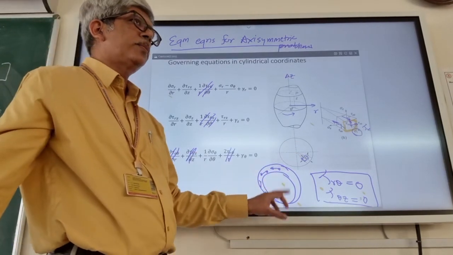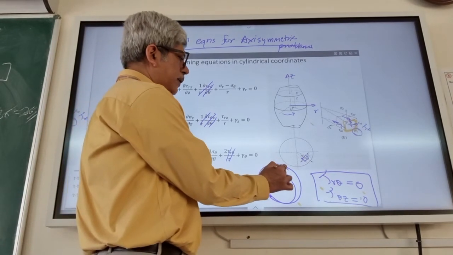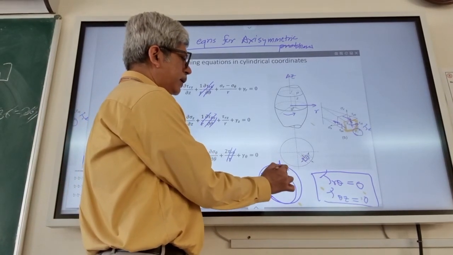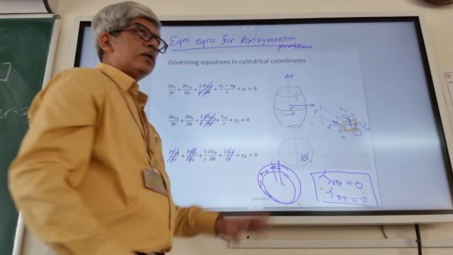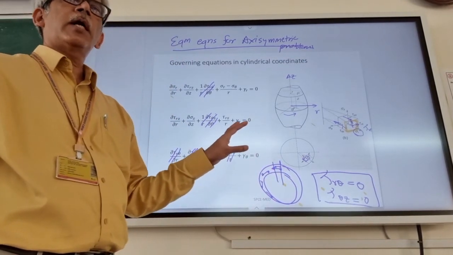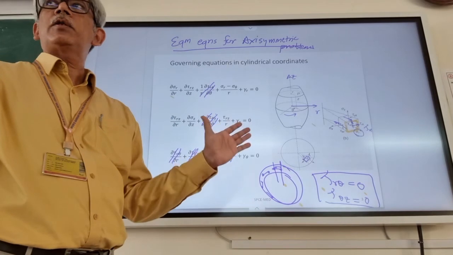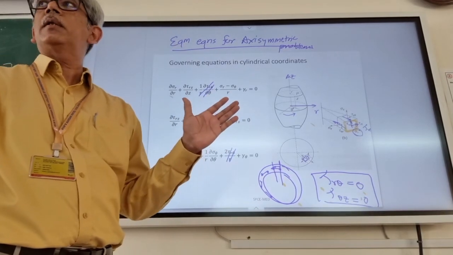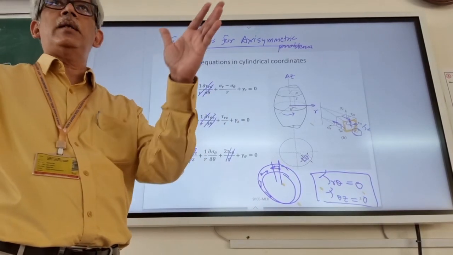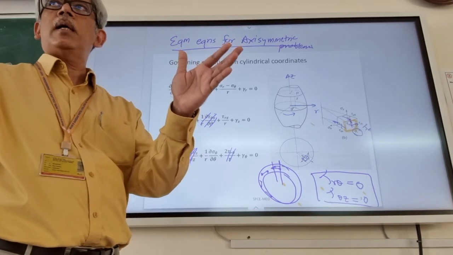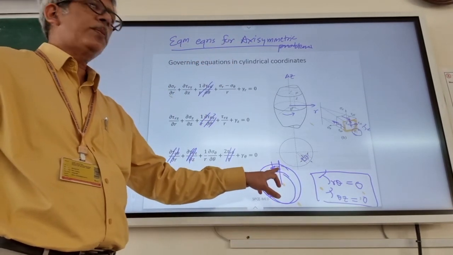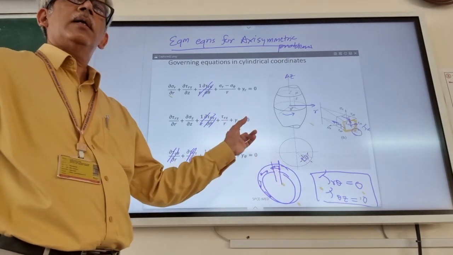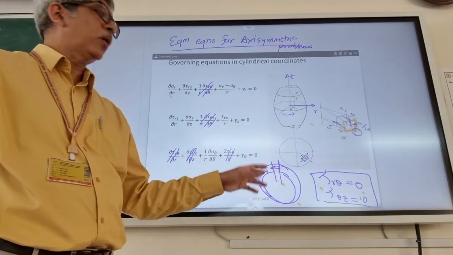This condition leads to a change in the theta position of each of the particles. One condition of the axisymmetric problem is that there should not be any distortion or displacement in the theta direction. All particles remain where they are in the theta direction. So this loading cannot be considered axisymmetric loading.